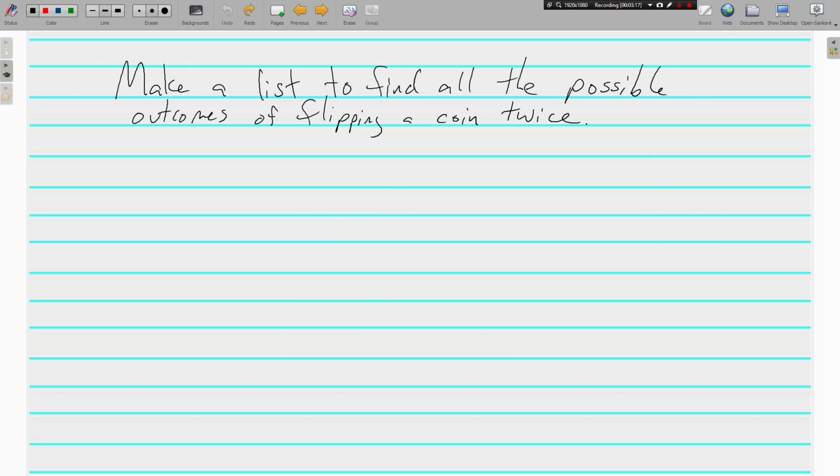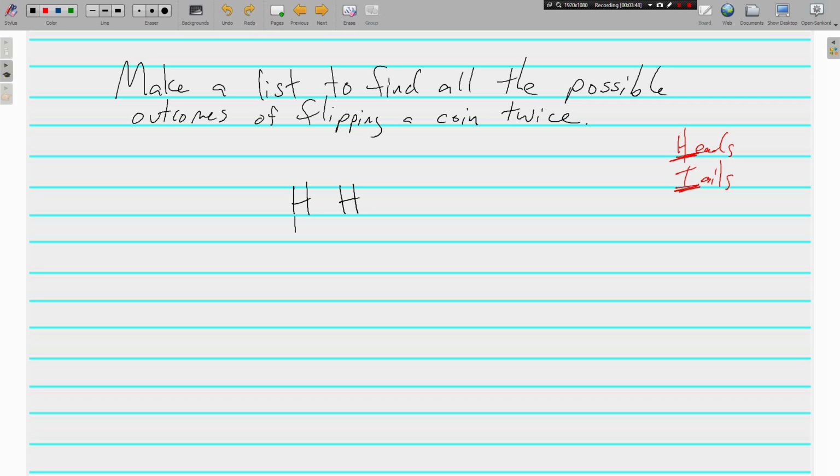Let's do another one. This says to make a list to find all the possible outcomes of flipping a coin twice. Alright, well, when you flip a coin, what are the options that could happen? We've got heads, and we have tails. So flipping a coin twice, let's see, we could get heads, and then heads.